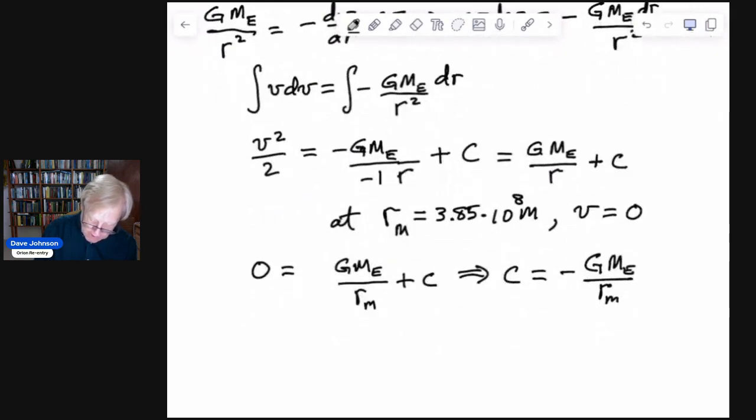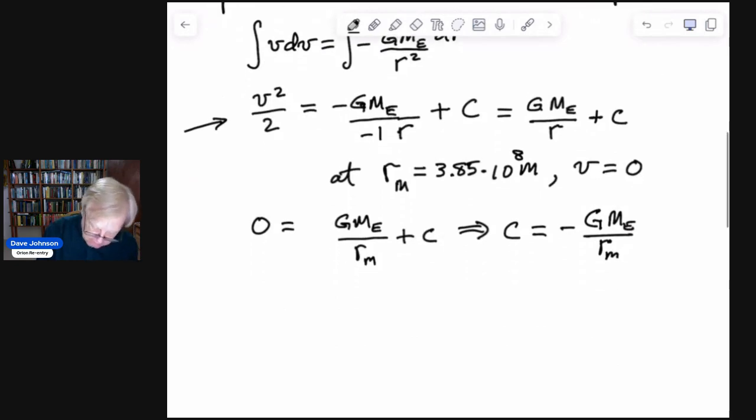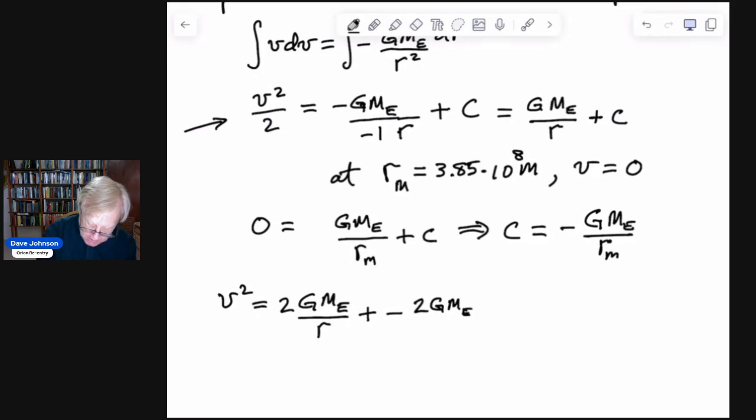Okay, so we're almost there. Let me solve now for v squared. So it's going to multiply by 2. So we get v squared is equal to 2GM sub e divided by r plus the negative 2GM sub e divided by r sub m.